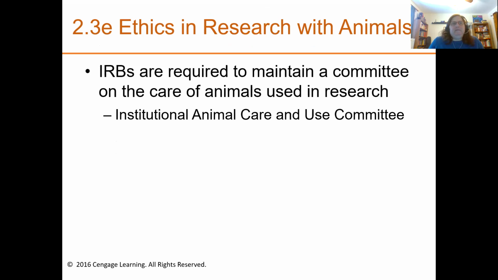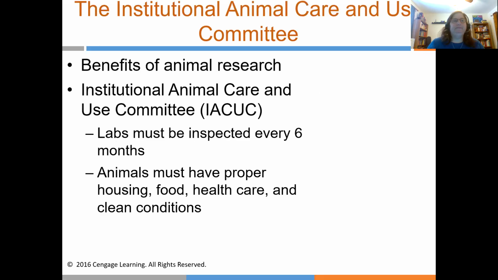Okay, so here's a little bit more about the care of animals used in research, the Institutional Animal Care and Use Committee, IACUC. So the Institutional Animal Care and Use Committee considers the benefits of animal research, along with trying to take care of animal welfare.